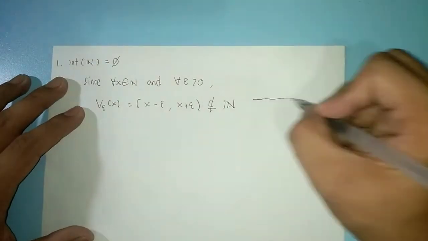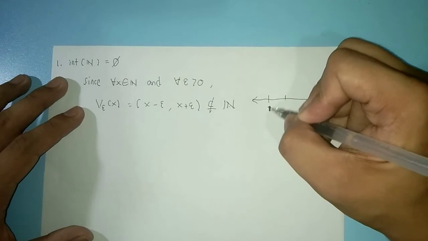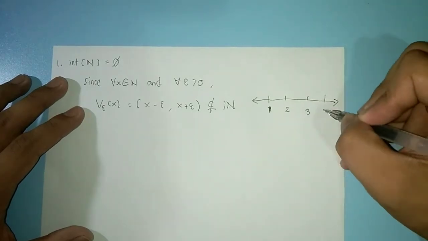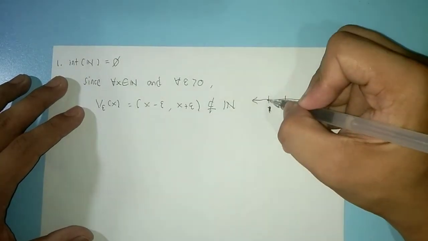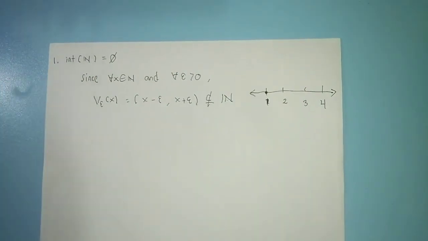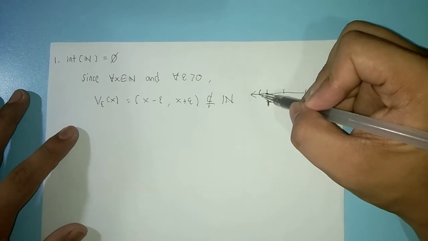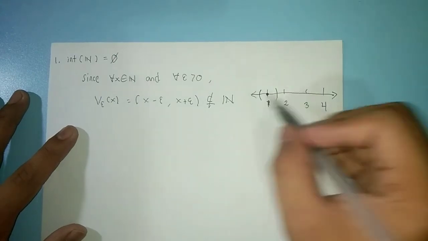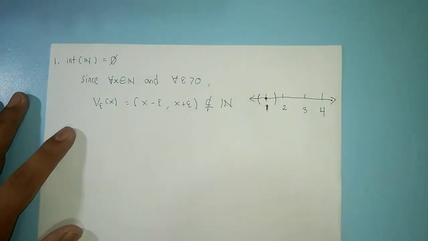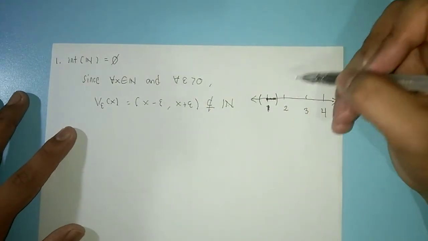Okay, so kung i-imagine niyo, let's say ito yung number line 1, 2, 3, 4. Let's say ang x natin ay 1. Okay? So hindi tayo makakapag-provide gano'n man kalaki yung i-provide mong epsilon. Halimbawa, i-provide mo ganitong epsilon, liitan lang natin. O kahit lakihan mo yan, meron kasi tayong makikita dito which is not a natural number.